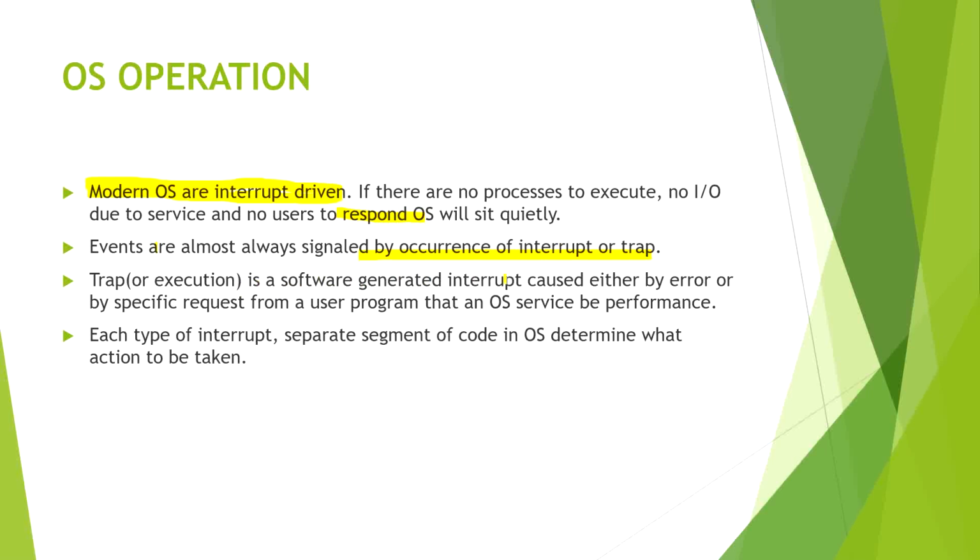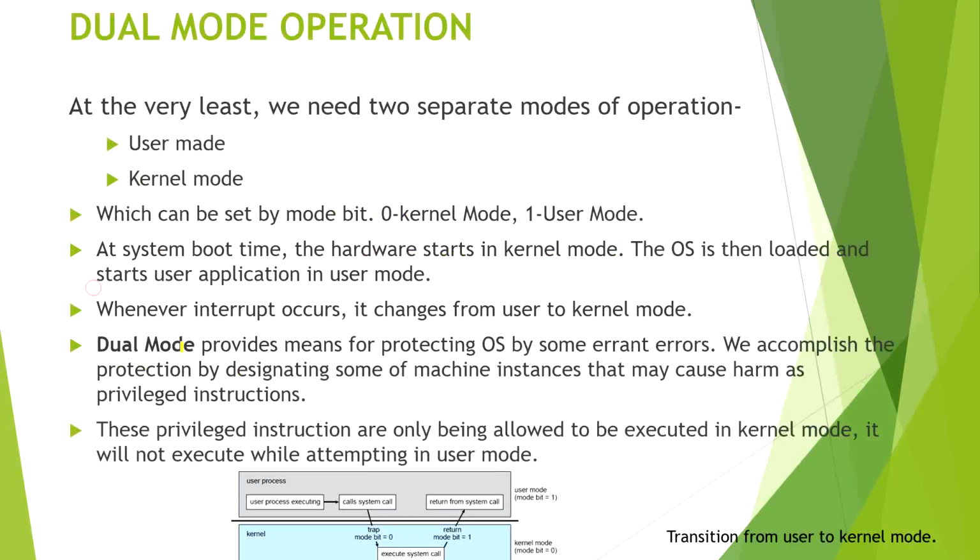It is a software generated interrupt caused either by an error or a specific request from a user program that an OS service be performed. For each type of interrupt, a separate segment of code in the OS determines what action is to be taken. So it signifies that the OS has to take some action to get out of the trap.